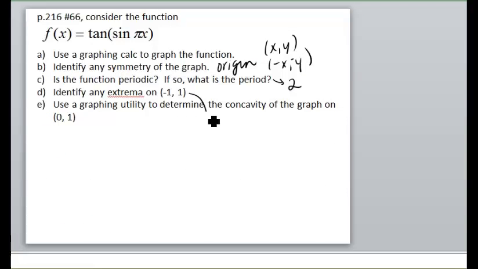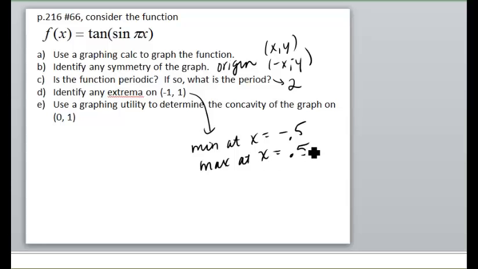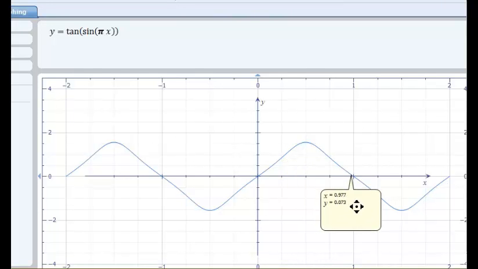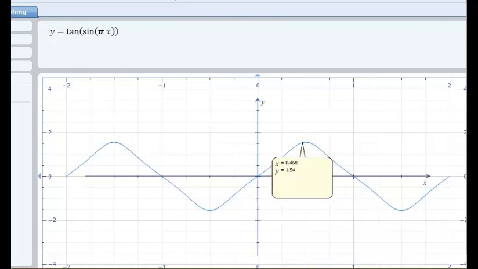So we'll go ahead and write that in. There's a minimum at x equals -0.5 and a maximum at x equals 0.5. And then use the graphing utility to determine the concavity on [0, 1]. If we go back to here, from 0 to 1, it is concave down the entire time.